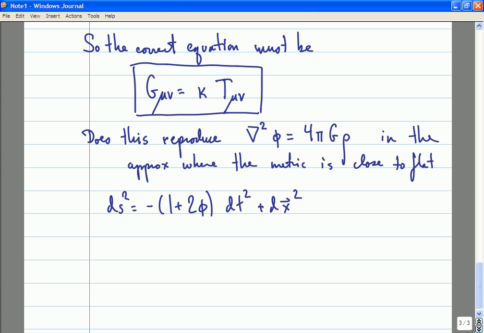So what we want to do is compare Einstein's equation to the boxed version of Newton's equation. The left-hand side of Einstein's equation, G mu nu, will turn into something quadratic in the derivatives of the Newtonian potential phi, and the right-hand side, as we described, will give us the energy density.